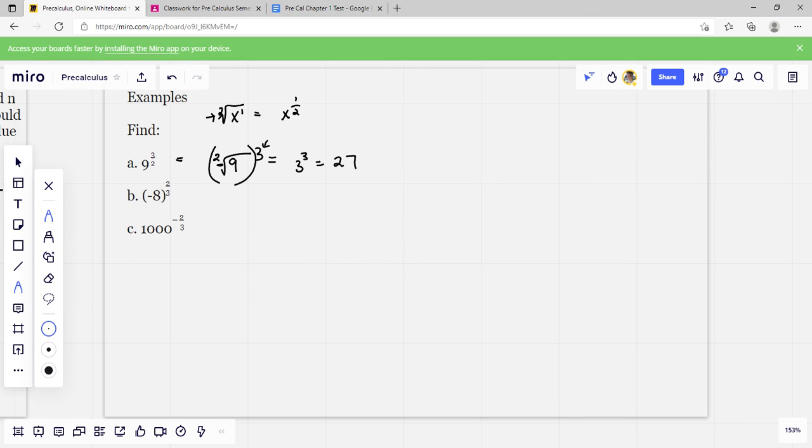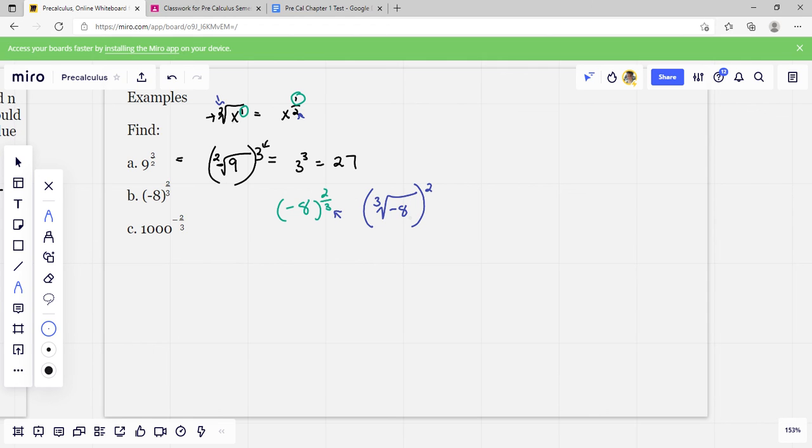All right, let's do B. This one is -8 to the 2/3. Remember, our top number is going to be our exponent, and our bottom number is going to be our root. So the bottom number is our root, and the top number is our new exponent, which is squared.